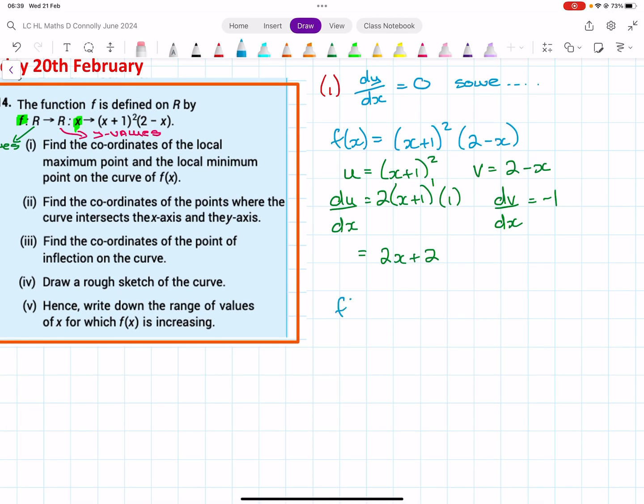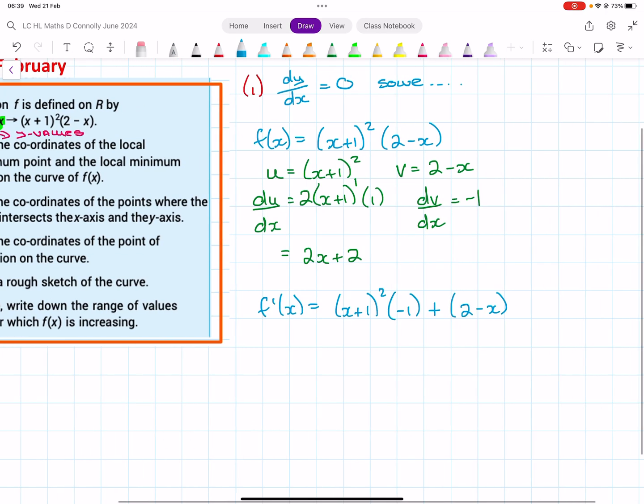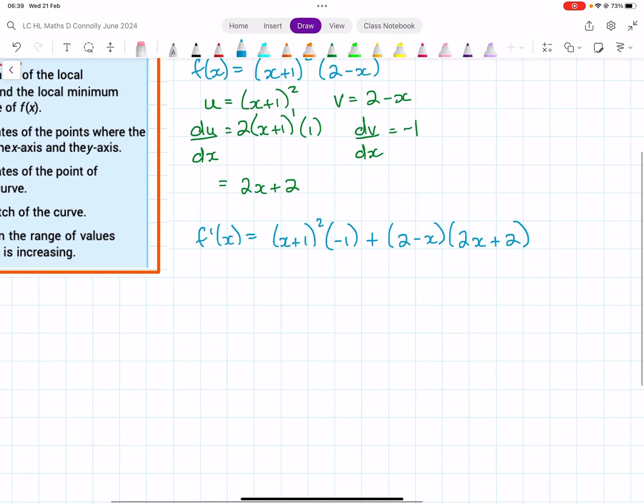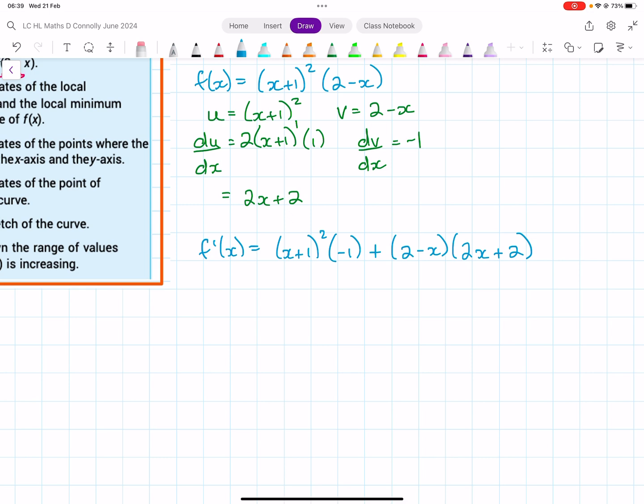And then to get f dash x, it is u dv/dx plus v du/dx. I mean, to let this equal 0 and solve, you're going to have to expand anyway, so I don't think you're going to avoid expansion.